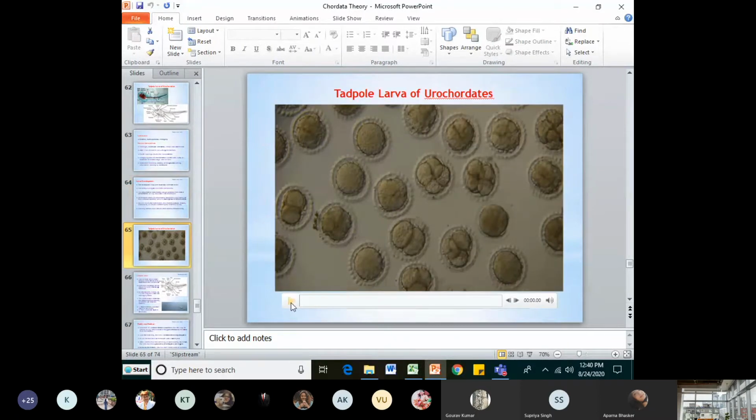Now let's see how the larva is formed and then how the advanced features of the larva are degenerated.